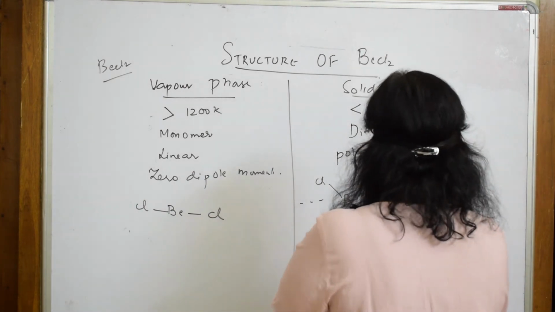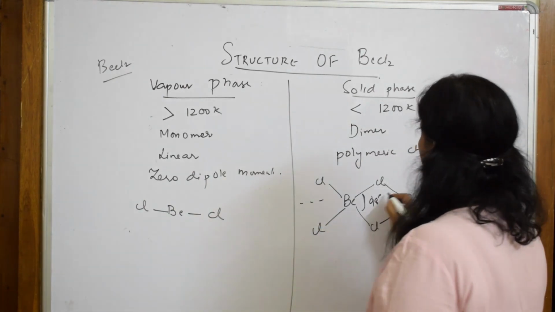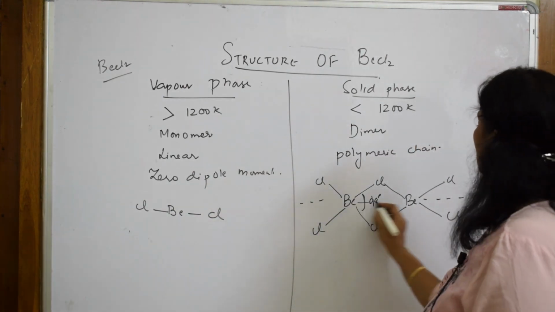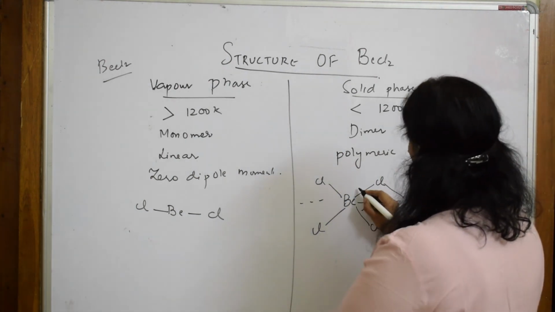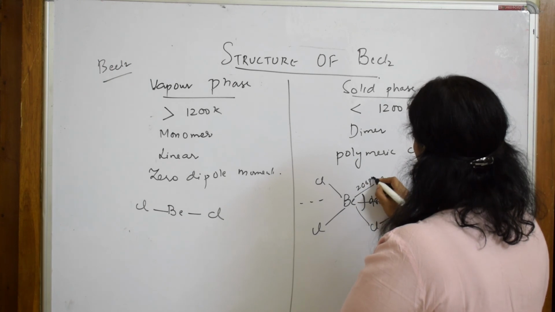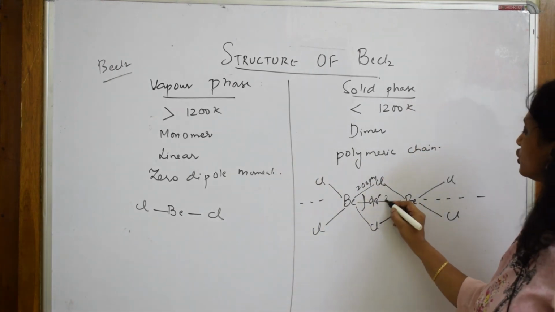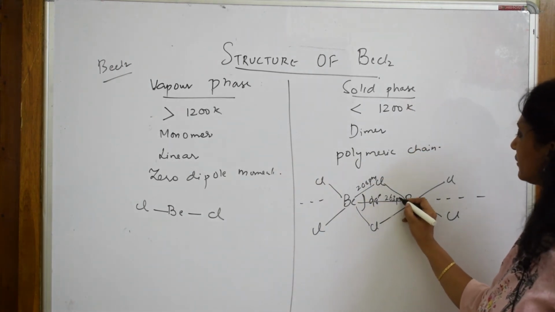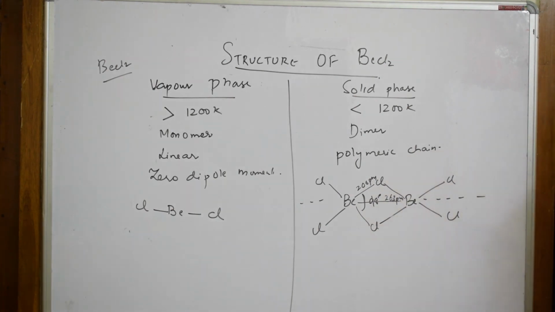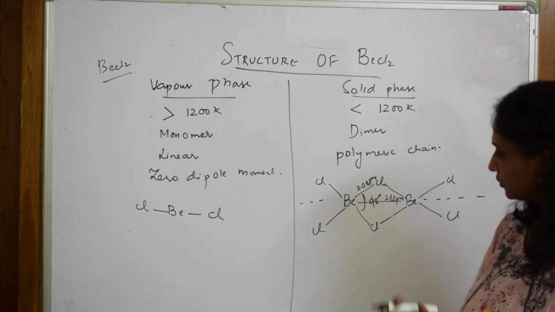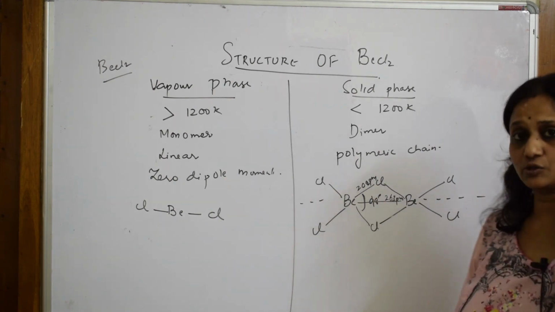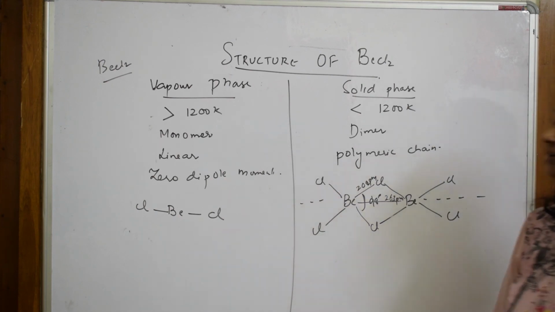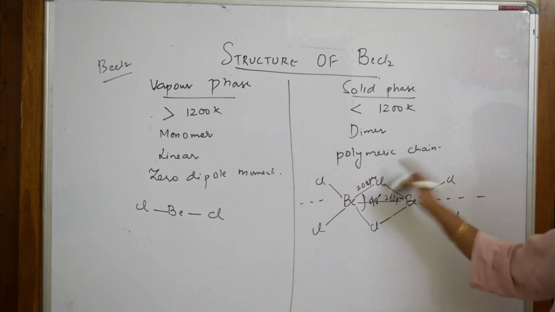Here the bond angle is 98 degrees. The bond between this beryllium and chlorine is 206 picometer, and from here till here it is 263 picometer. Remember 202 picometer. So remember, when the exam asks you about solid state and vapor phase, you need to remember this data. This is the polymeric chain.